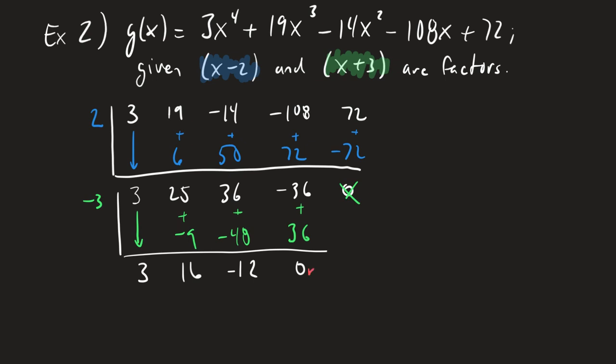So we are left with this. There's our remainder, there's our constant, there's our x, there's our x squared. I'm going to bring that up here. So that gives me 3x squared plus 16x minus 12.